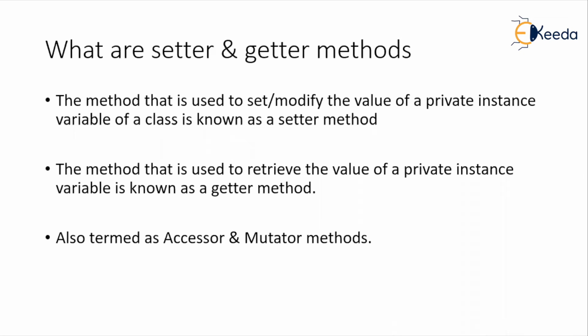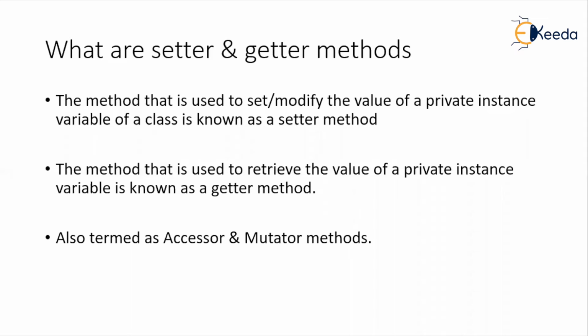First, let's understand what setter and getter methods are. Let's have a look at the definition. The method that is used to set or modify the value of a private instance variable of a class is known as a setter method.